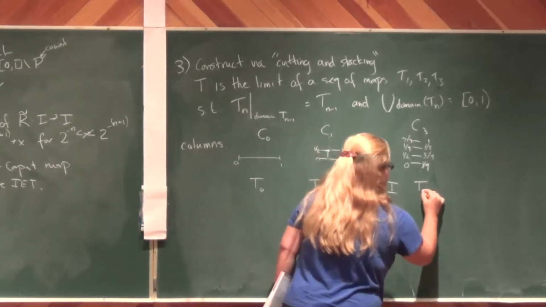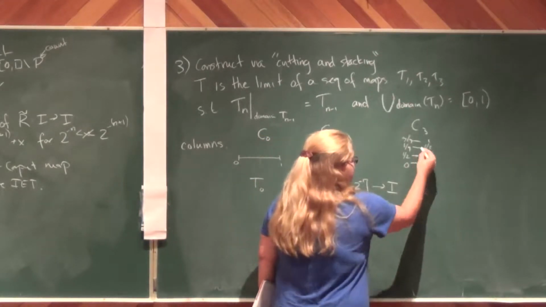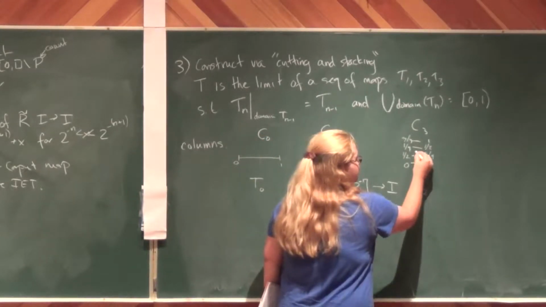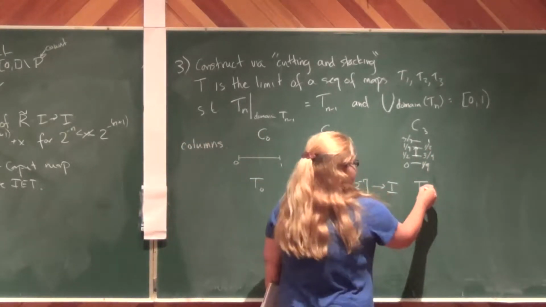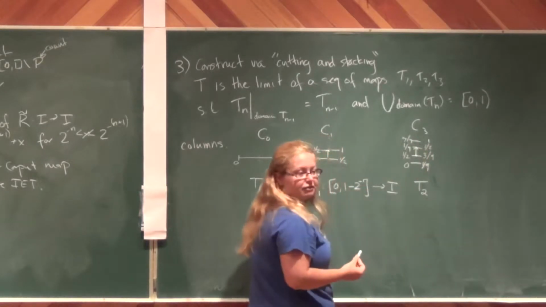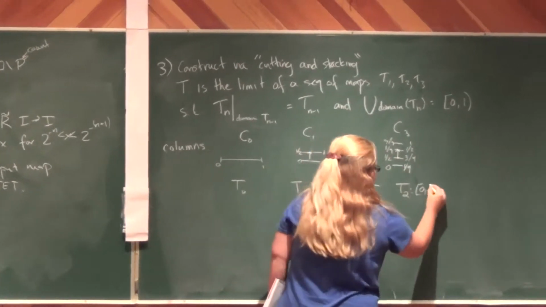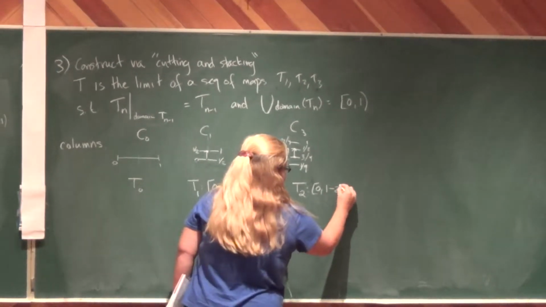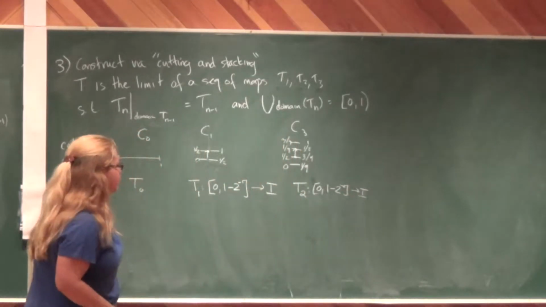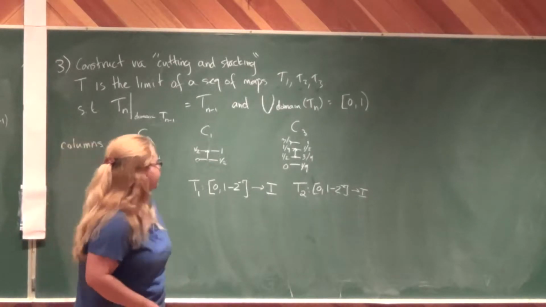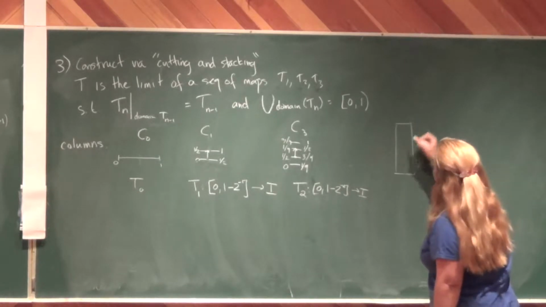My map, T2, is going to function exactly the same way, in that for any point I pick that's not on the top level, it's just going to map that point to the point immediately above it in my column. So the domain of T2 is everything except this top level. So T2 goes from 0 to everything but the top level, which is 1 minus 2 to the minus 2, to 1, to the unit interval.